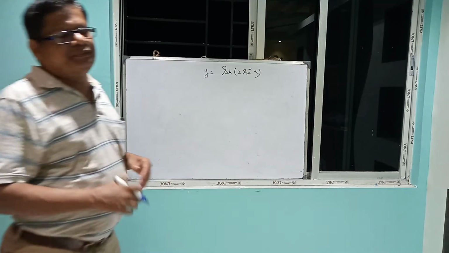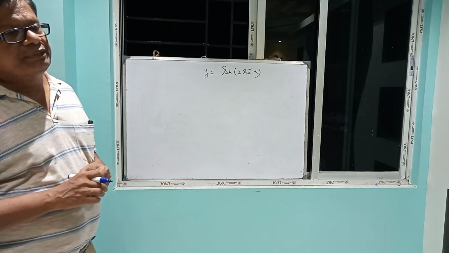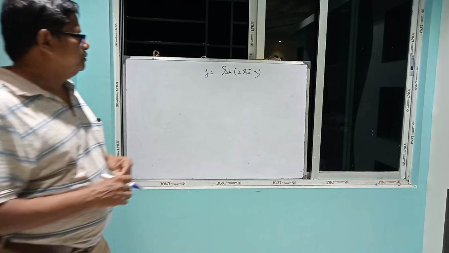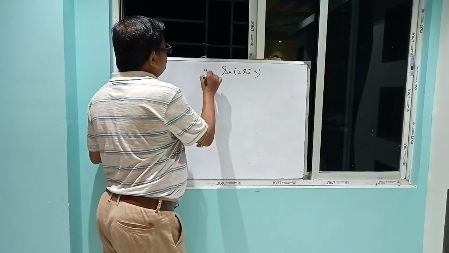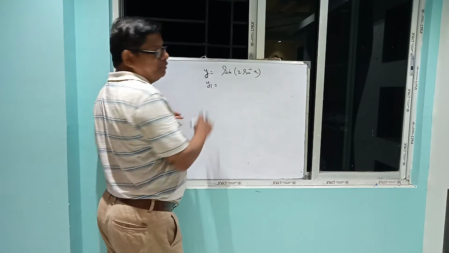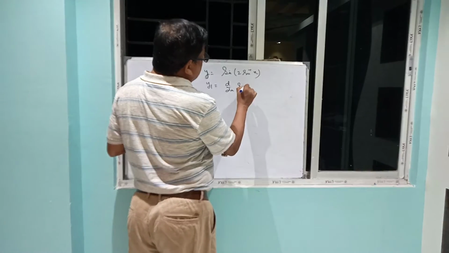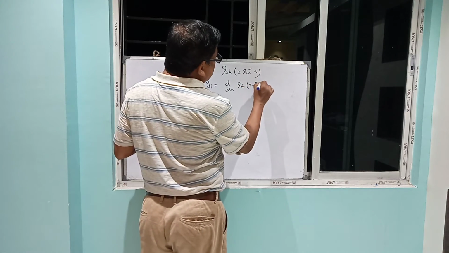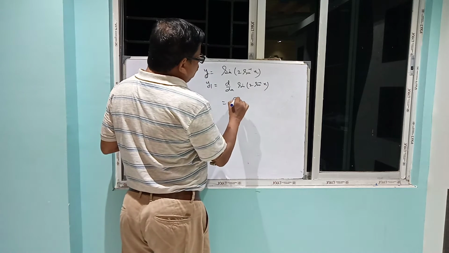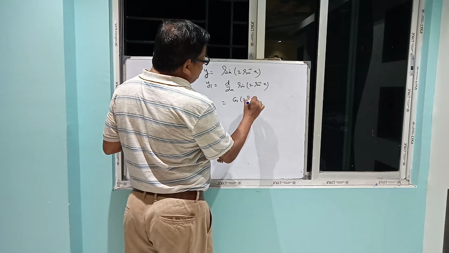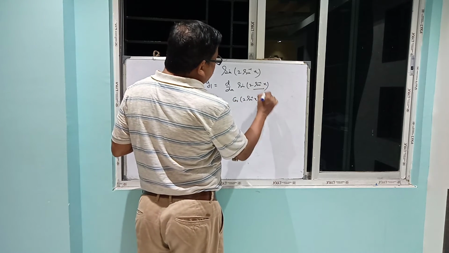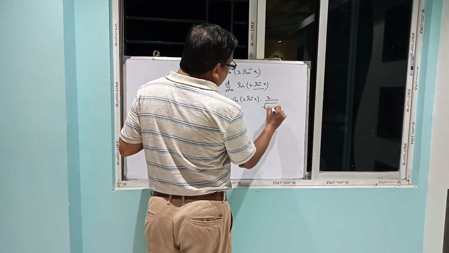You have to find out a differential equation. So write y1, that is dy/dx, d/dx of sine (2 sine inverse x). So cos (2 sine inverse x) into d/dx of this part, 2 by root (1 minus x square).